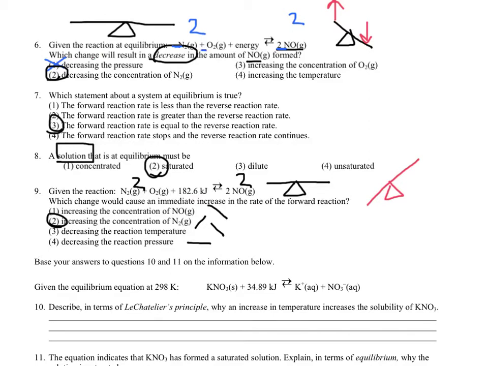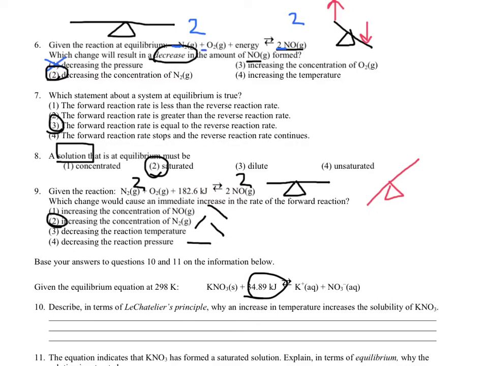Question number 7 asks us to describe in terms of Le Chatelier's principle why an increase in temperature increases the solubility of potassium nitrate. Again, we want to know why if we increase the temperature, what we're really doing is we're adding more heat. Now, we see that this reaction is endothermic.